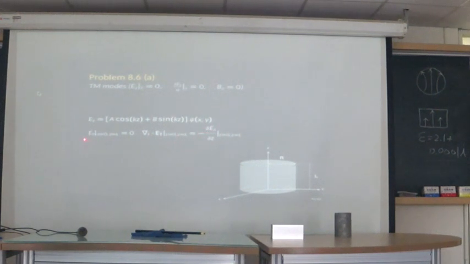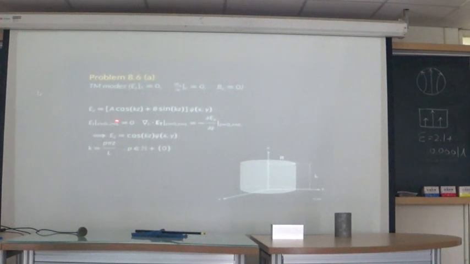Since the transverse electric field is equal to 0 at the end face, the derivative of the z component should be 0. So we only keep the cosine terms, and the sine is eliminated. Another boundary condition gives us a standing wave condition: k is equal to p pi divided by L, where p is a positive integer or 0.